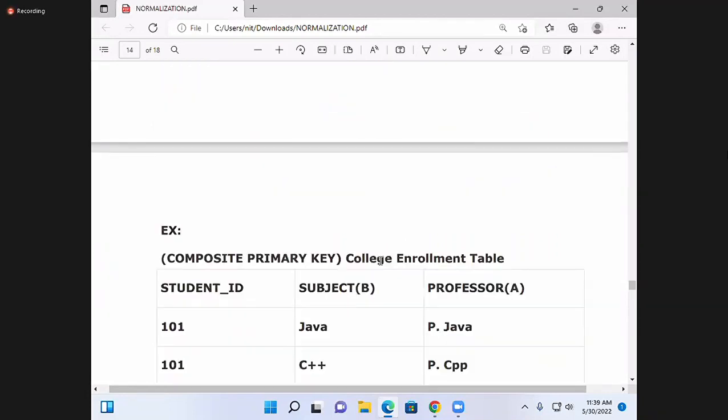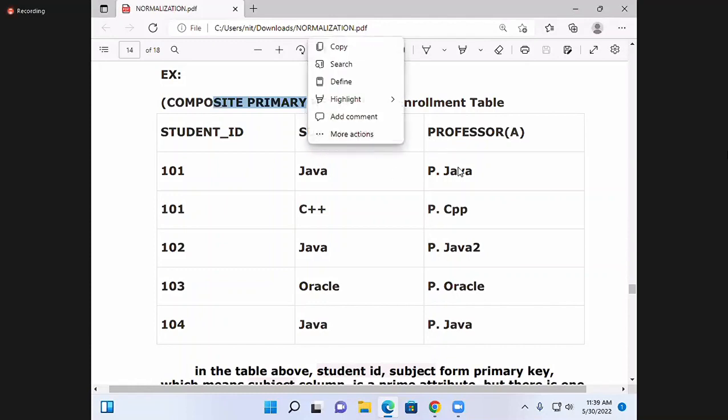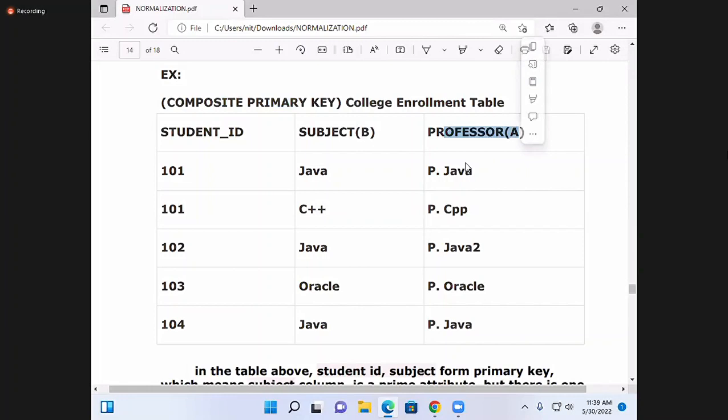Here is one table: student ID and subject are a composite primary key. Professor is not part of the primary key.